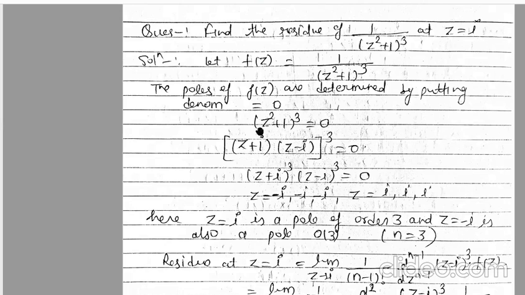If you have any confusion in this line, you can also write it as (z square plus 1) whole cube equals 0. That means the bracket z square plus 1 appears 3 times. So z square plus 1 equals 0, z square equals minus 1, and you have to know that the value of minus 1 in complex numbers is i square.